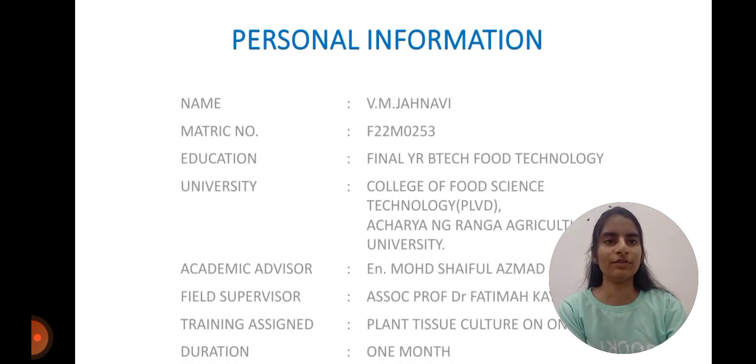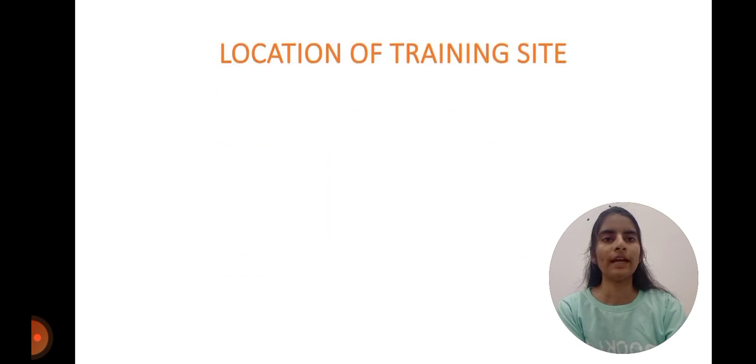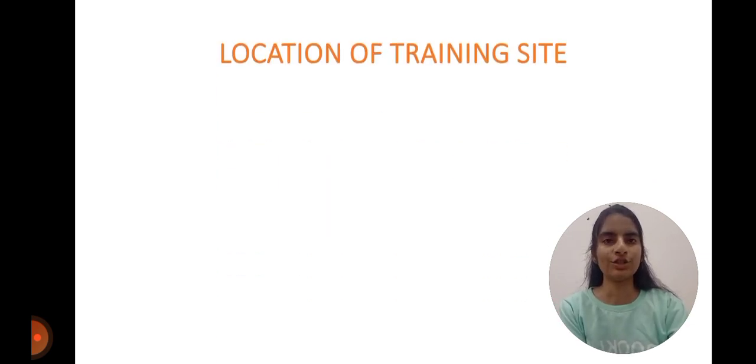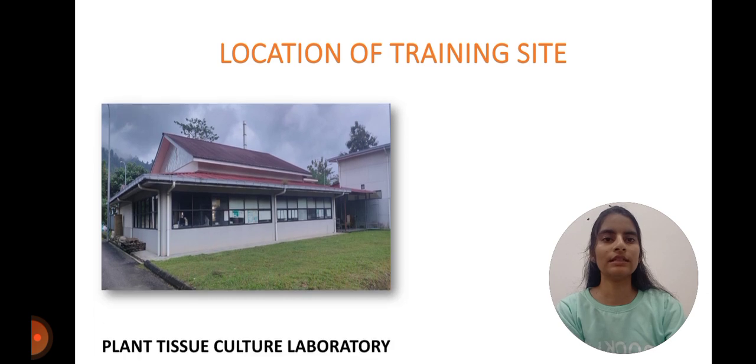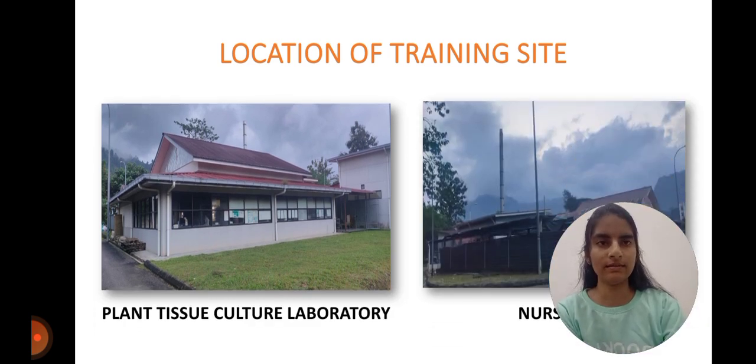These are the personal details about myself. I'm studying in the final year of BTech Food Technology in the College of Food Science and Technology, Pulivendula, which is under the Acharya N.G. Ranga Agricultural University. My project is about plant tissue culture, especially on the orchid Oncidium. The training site includes the plant tissue culture laboratory and the nursery.